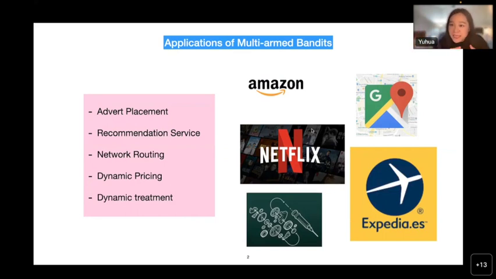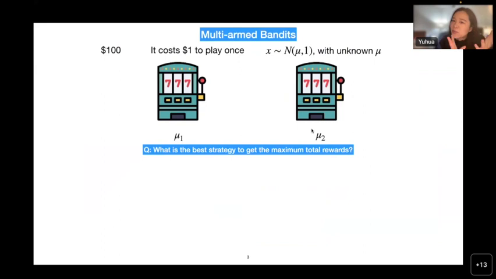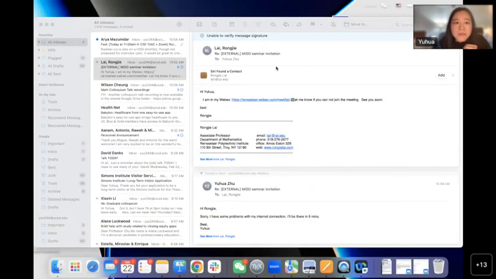Multi-armed bandits are a very frequently used tool to decide which movies or products to recommend to the customer, and also to decide dynamic pricing on Expedia and dynamic treatment in medicine. So first, what are multi-armed bandits?